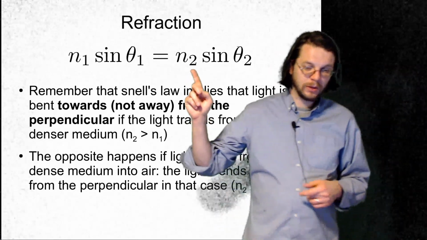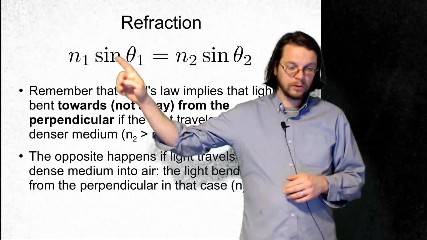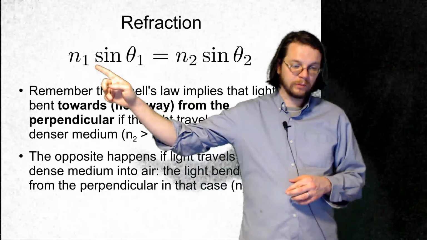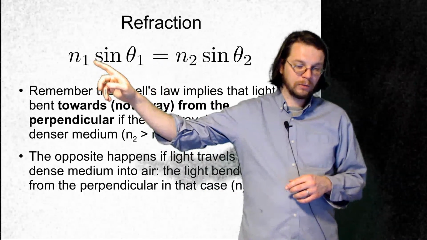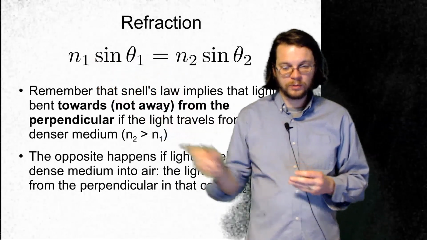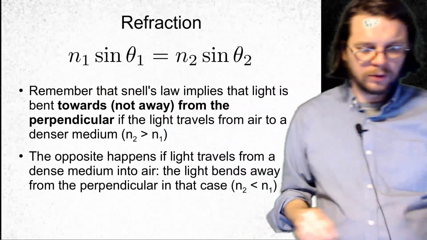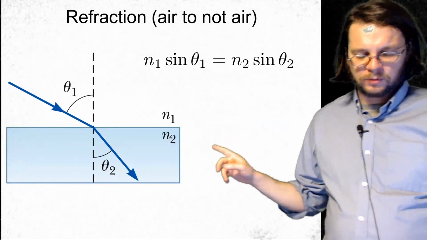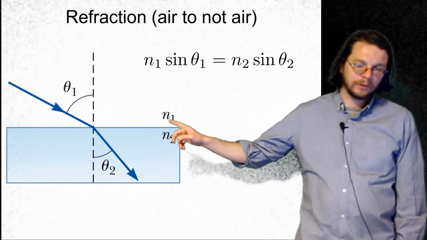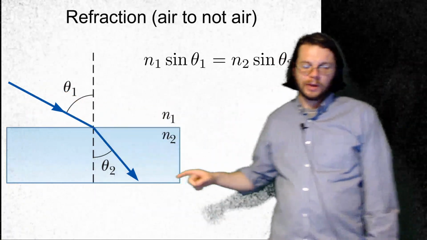So this is Snell's law, just the equation of it, and the idea is that there's some ray of light that's moving from some medium which has some index n1, with some angle of incidence theta 1, and moves into some other medium. Schematically, this is what happens if you're going from air into something that's not air.